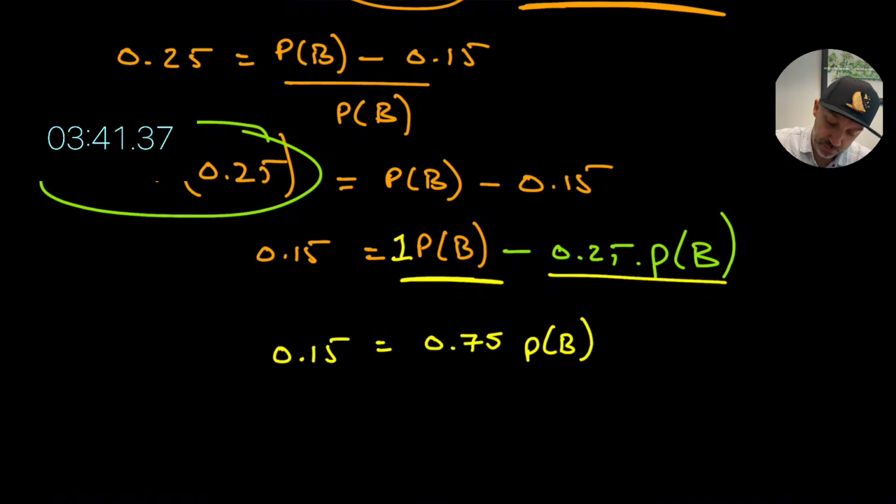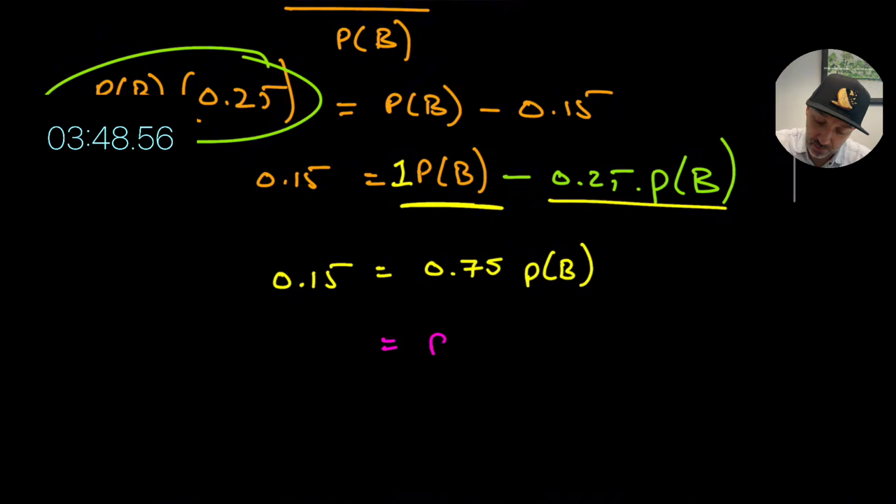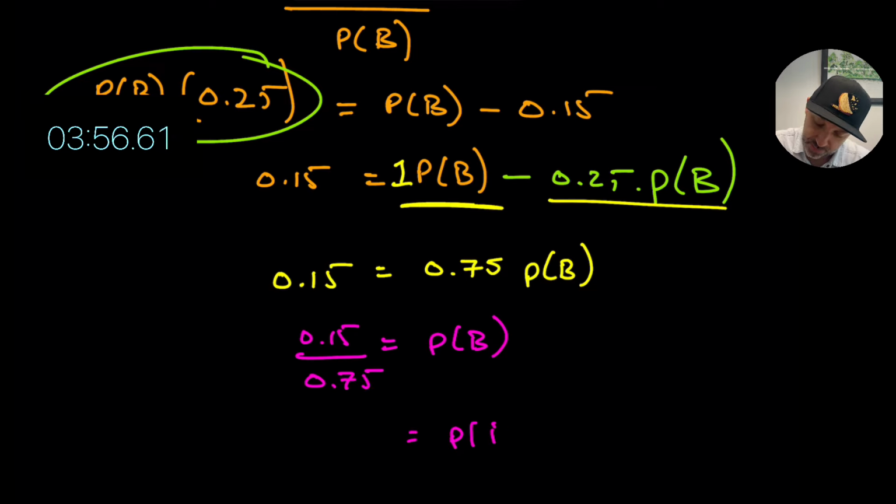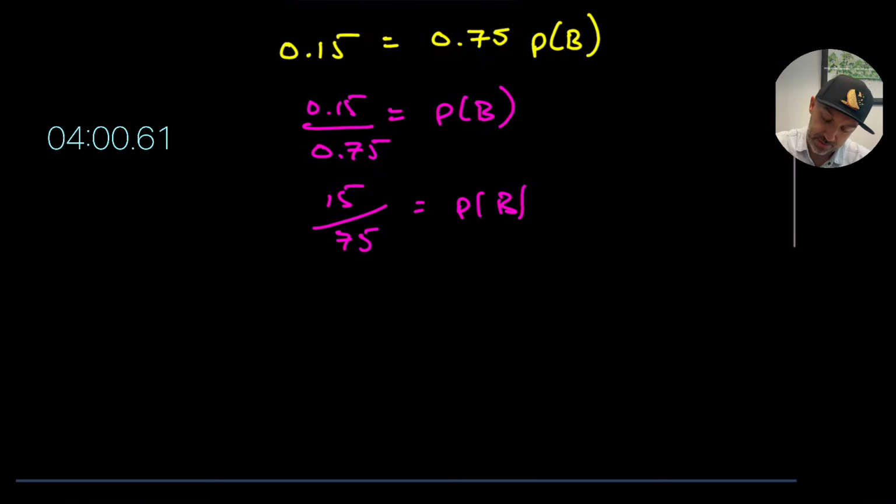That little step there I do think is a little bit tricky, making this not such a straightforward question. But now we are almost on the finish line, because P(B) is 0.15 divided by 0.75. That is the same as saying 15 over 75, and that is 1 over 5. Well, okay, stop the clock.